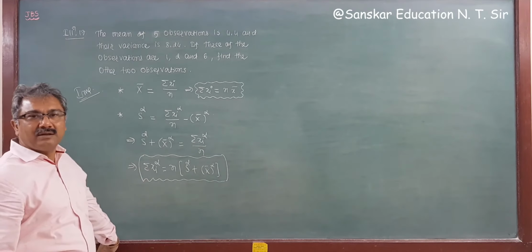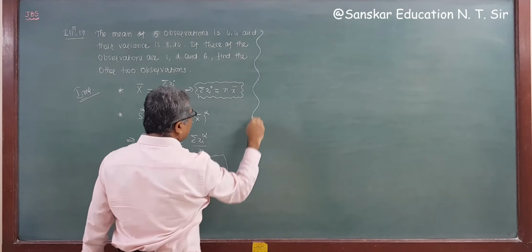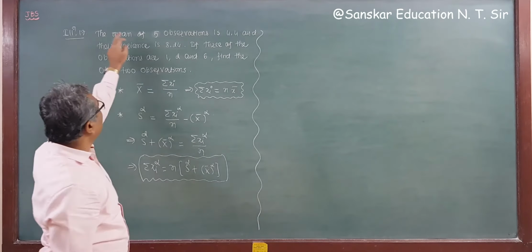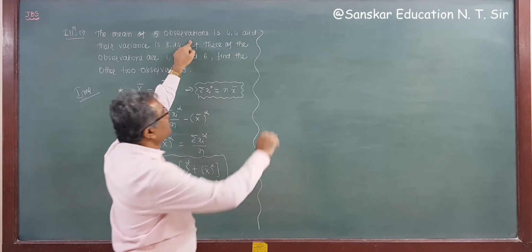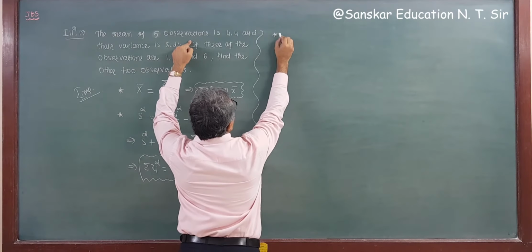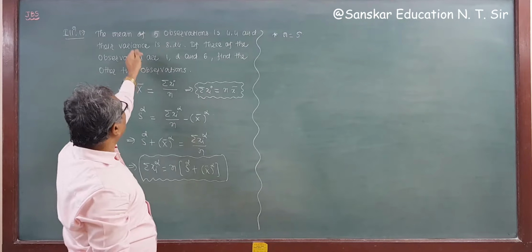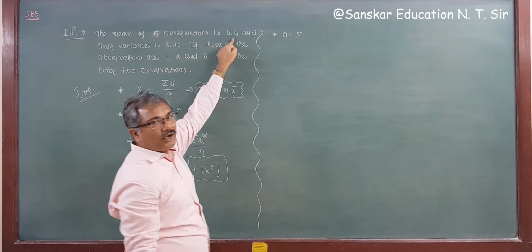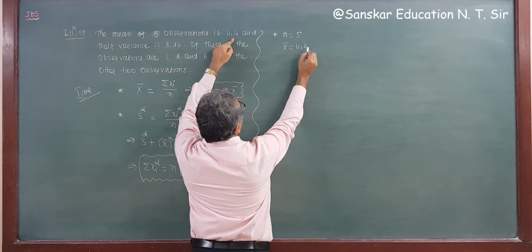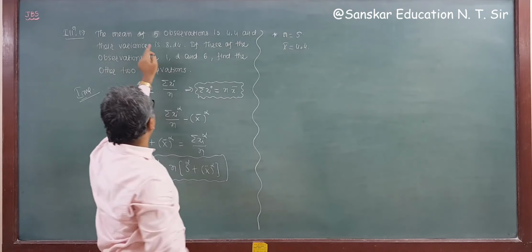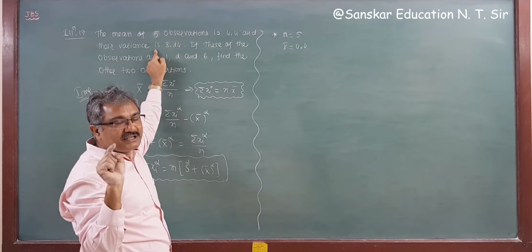Now the remaining question, right? Here it is given that the mean of 5 observations, that is n is equal to 5. The mean of the observations is 4.4, so x bar is given 4.4. And the variance, now be careful, read the question carefully.